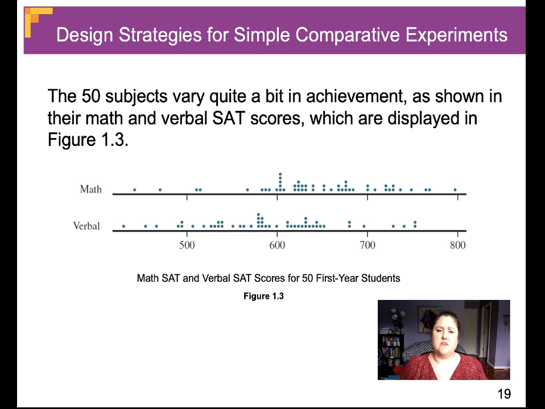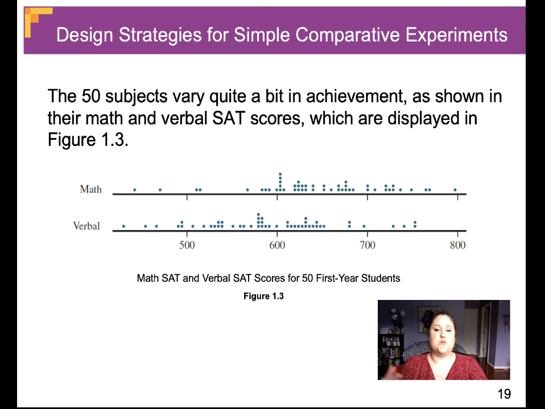So we would figure that these 50 subjects should vary a bit in achievement, but we could use some standard like math and verbal SAT scores to get an idea of how good of a test taker somebody might be. So here we have a dot plot showing the math scores and the verbal scores for these 50 first-year students who are in the experiment.